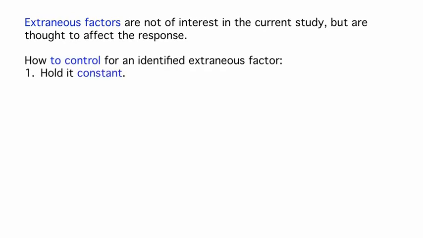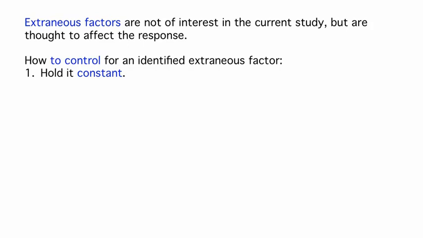Say we think that the HPV vaccine might work differently on males and females. We can then make the decision to say study only females. If we think it might work differently in different age groups, we could choose to study only one particular age group. This limits the generalizability of the study, but it also eliminates the potential of having the extraneous variable confound the results.